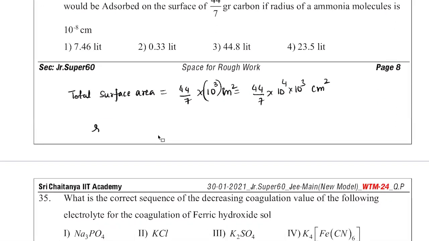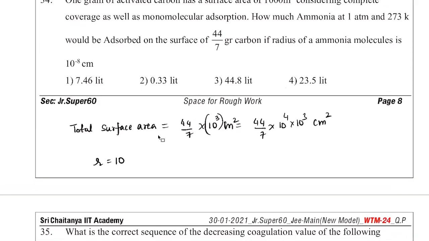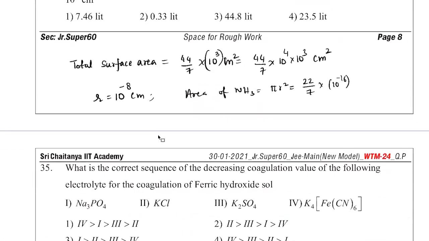We got surface area, radius of the particle is given, which is 10 raised to power of minus 8 centimeter. So which means surface area of NH3 will be equal to pi r square, which is equal to 22 by 7 into 10 raised to power of minus 16. Got it? Because it is 10 raised to power of minus 8 whole square.